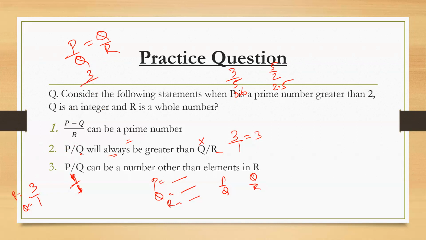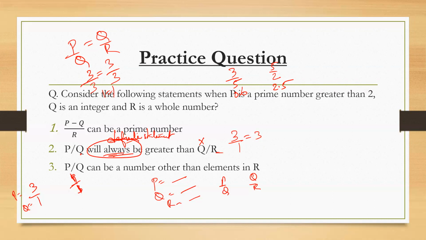Q is an integer, take it as 3. It's nowhere mentioned that the values cannot be the same. Again, 3. Here R is a whole number. Again, 3. So this is 1 is equal to 1. So again, I can negate the same. Is this clear, everyone? You just have to show the opposite of the same. Whenever definite statements are given, that is a definite statement.